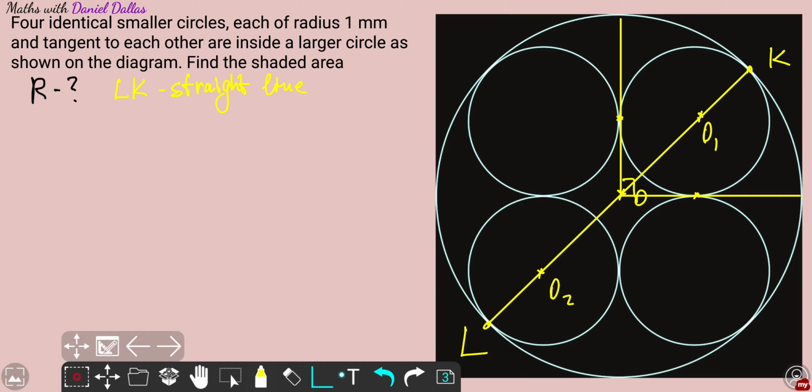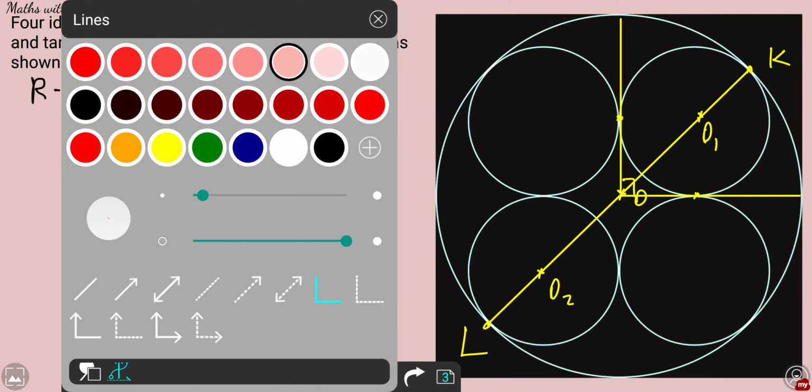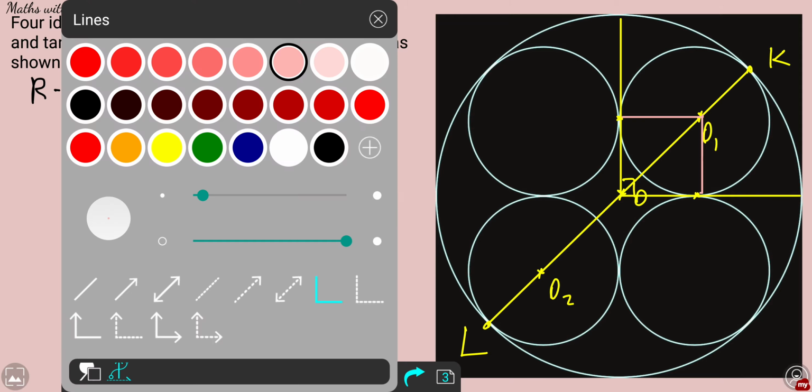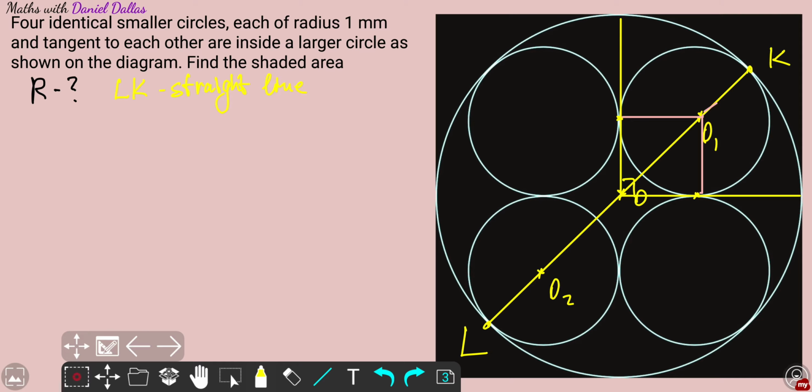We simply want to put two radii from center O1 here and here. We definitely know that because they're radii, and also this one as well, O1K, that's also a radius, we can mark them as small r.